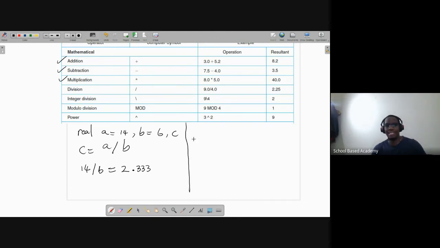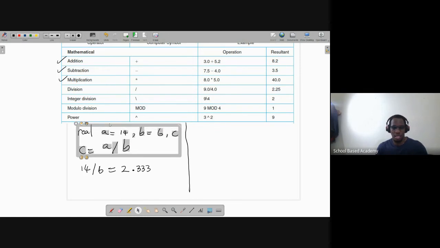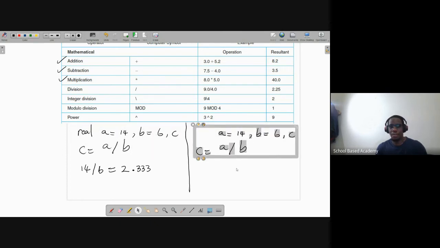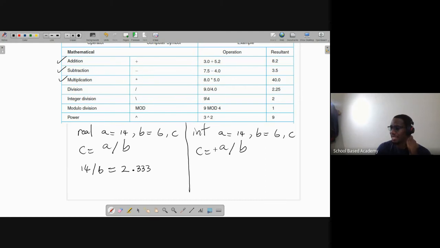Now, if I had the same expression, but I declared everything as integers: int A is equal to 14, int B is equal to 6, and we have C, which is the result. I say C is equal to A over B, 14 over 6.